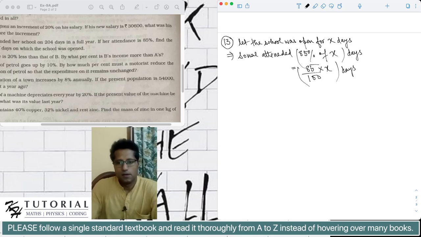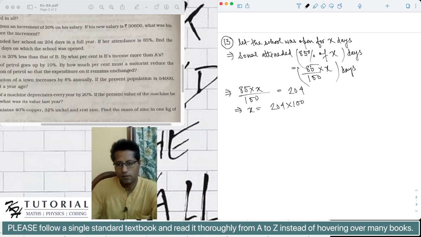Okay. Now it is also given that Sonal attended 204 days. So this implies 85 multiplied by X divided by 100 is equal to 204. So this implies X is equal to 204 multiplied by 100 divided by 85.